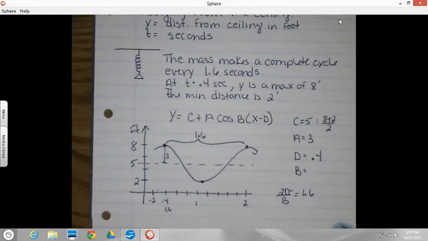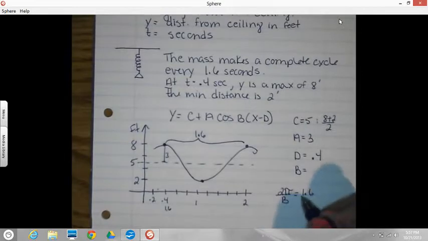Well, I like to think of these as proportions. If I put a 1 under here, it's just cross multiply and divide. So 1.6 times B equals 2 pi. So B equals 2 pi divided by 1.6.